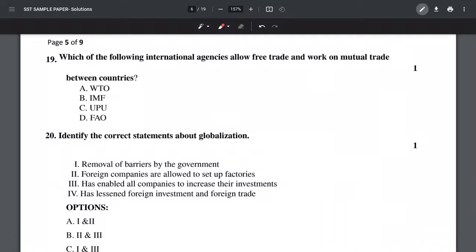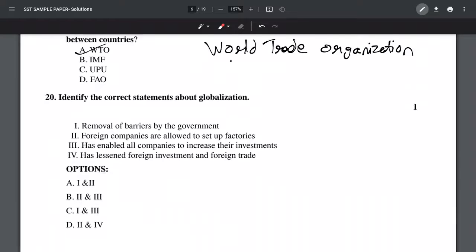So, what is that? That is nothing but the World Trade Organization, isn't it? It does mutual trading, as well as no charges are required on it. So obviously WTO will be my right answer. Simple. Let's see our next question, question number 20.